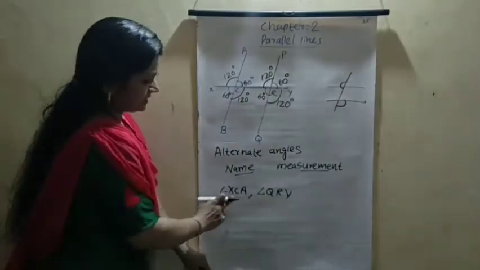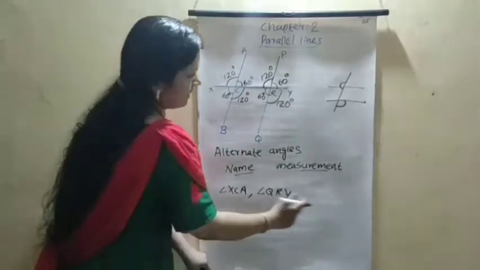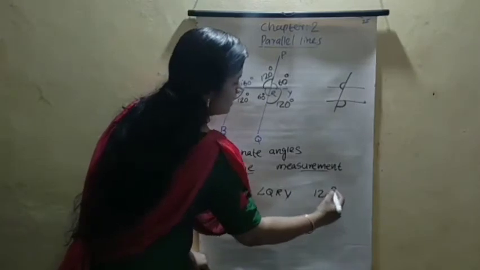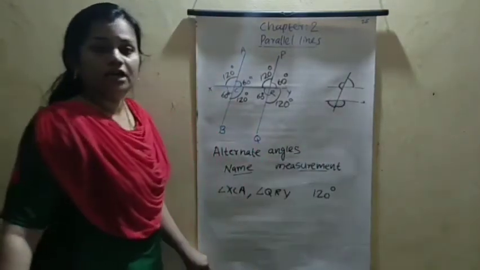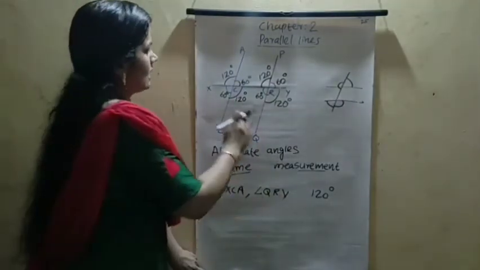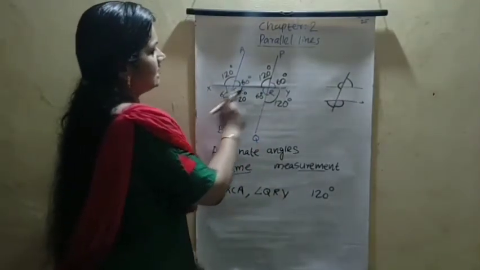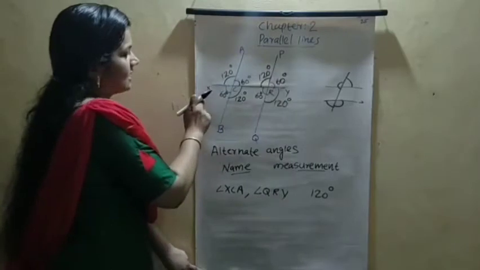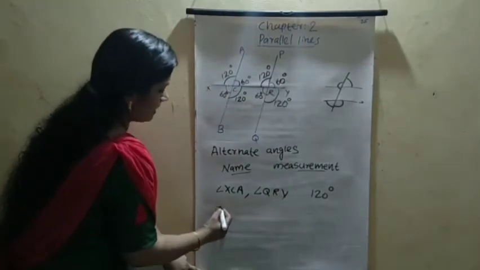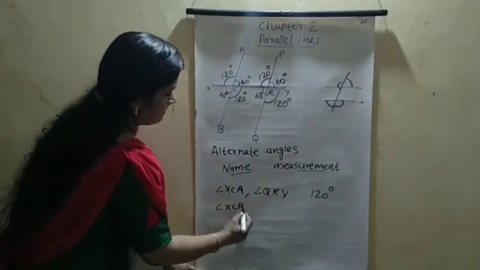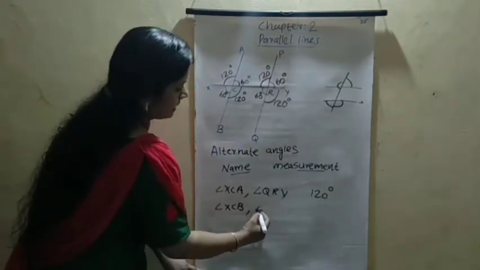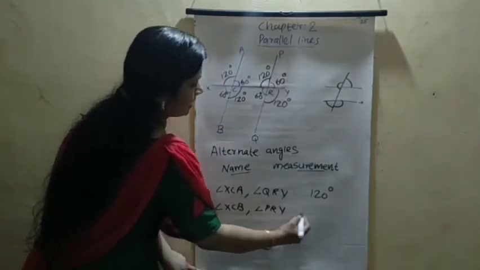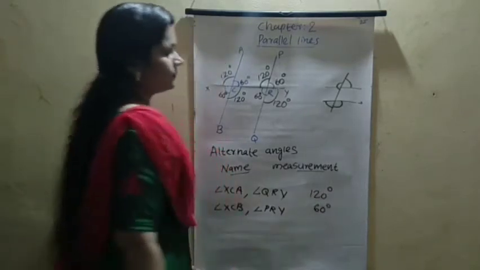So we can write XCA and QRY, 120 degrees. Then next, this is another alternate pair, 60 degrees and 60 degrees. So we can write angle XCB and angle PRY, 60 degrees.